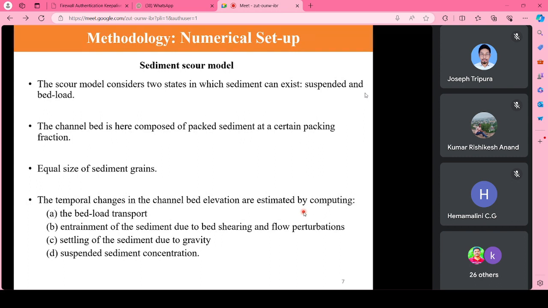If we can do these four things mathematically, then we can compute the changes in the bed level, because that's the problem of continuity. Mass will always be conserved.